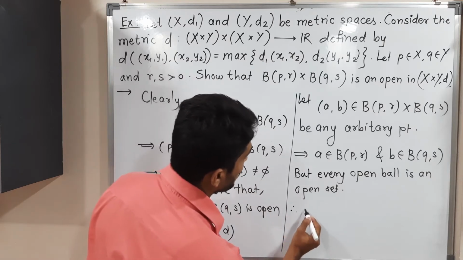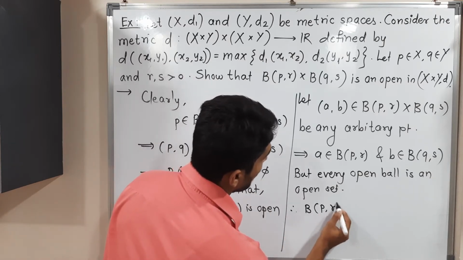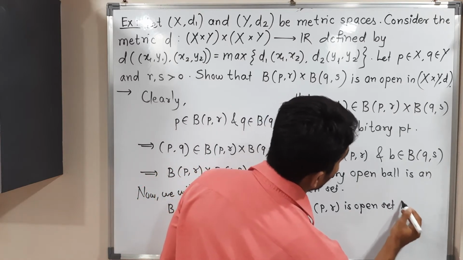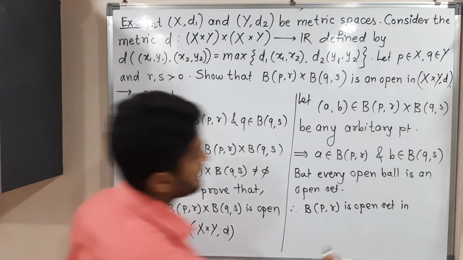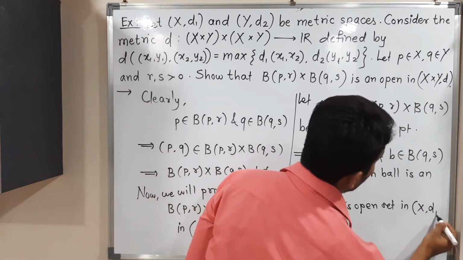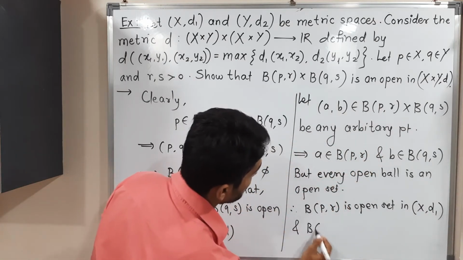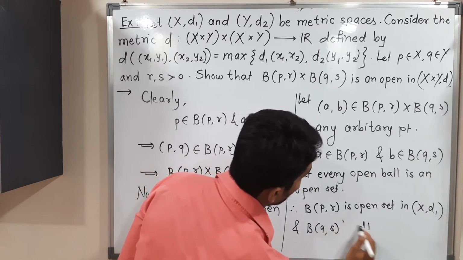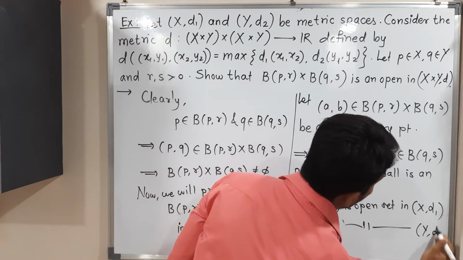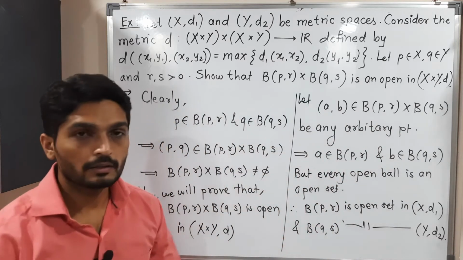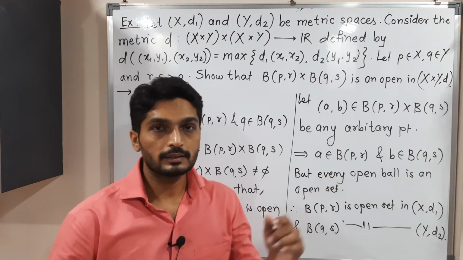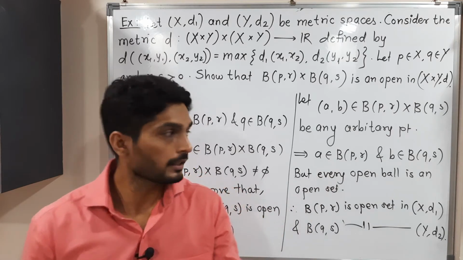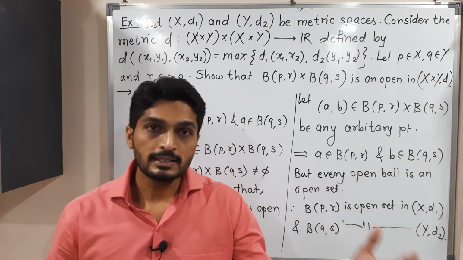So therefore B(P,R) is an open set, but where? In the first metric space (X,d1), and B(Q,S) is an open set where? In (Y,d2). Getting the point? The first ball is an open set in the first metric space, and this ball is an open set in the second metric space.